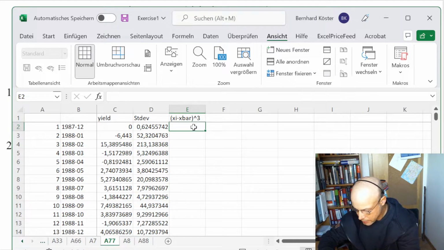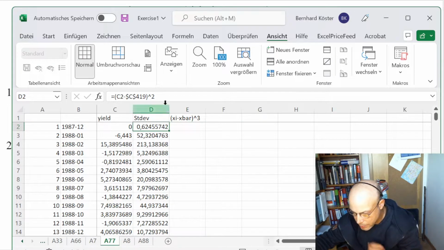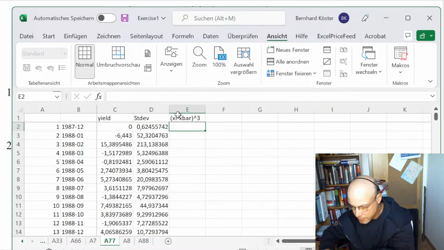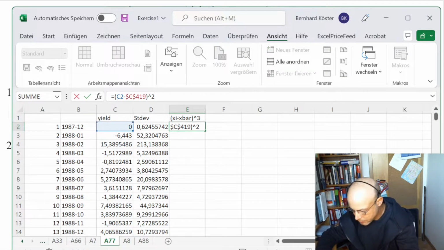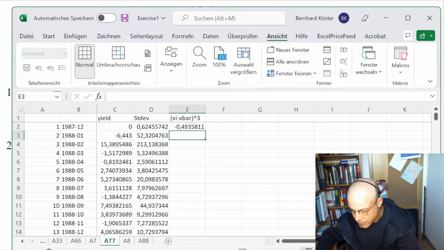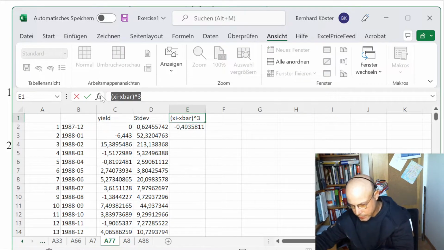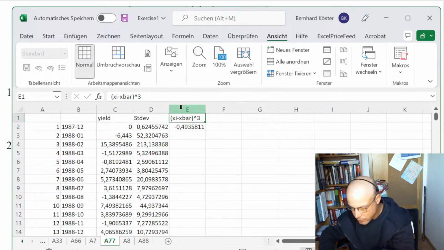So there we can more or less take this number and just change the exponent from 2 to 3. And since we will also calculate in a minute the kurtosis, we also need the distance between xi and x bar to the power of 4. This we will do also here.